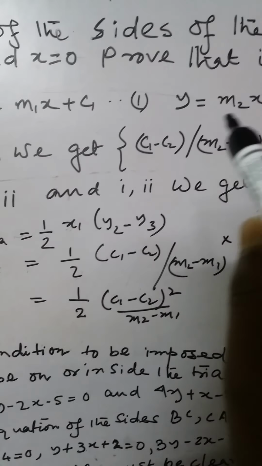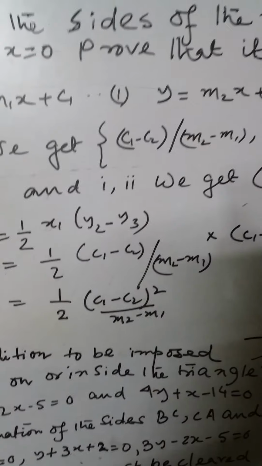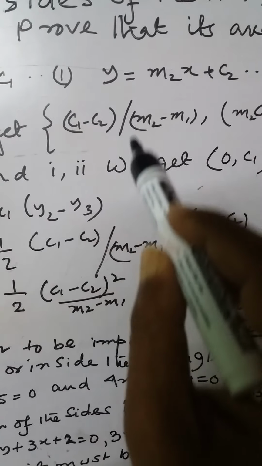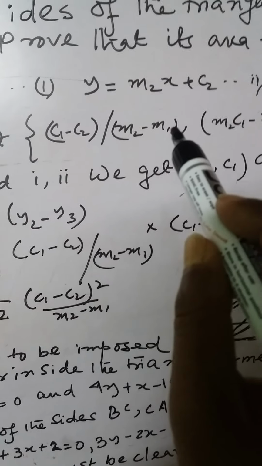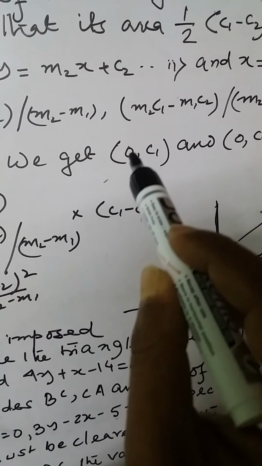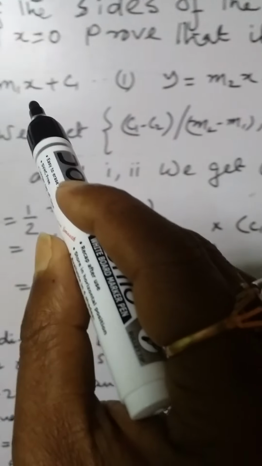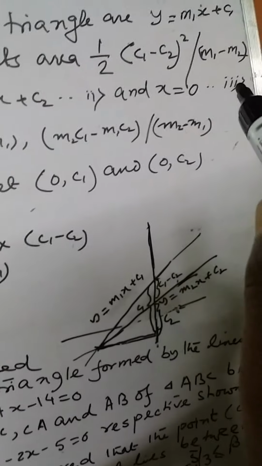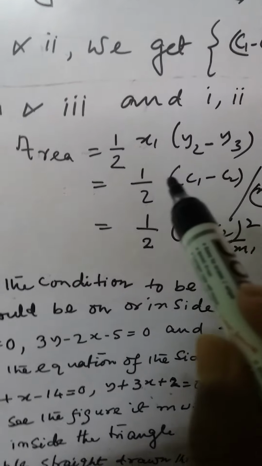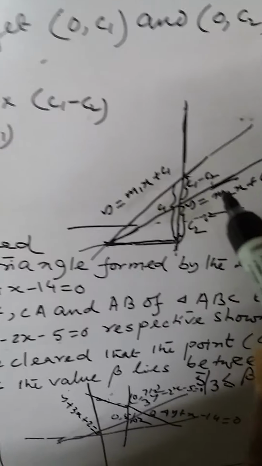From 1 and 2, after calculation we get the coordinate c1 minus c2 by m2 minus m1, and from 1 and 3, and from 2 and 3, we get these 3 coordinates. Now what will be the area?